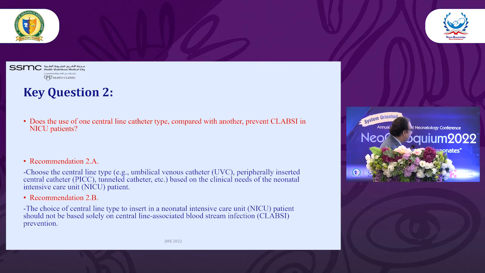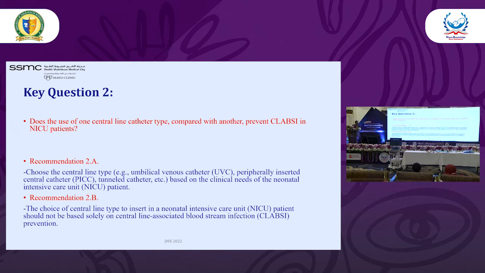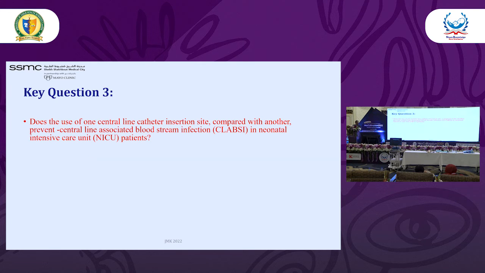Recommendation 2: the choice of central line type to insert in a neonatal intensive care patient should not be based solely on central line associated bloodstream infection. It's not about preventing CLABSI. You have to do what the baby needs, and some types are available here. You can see after this.